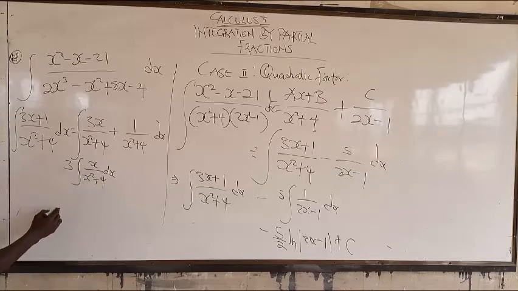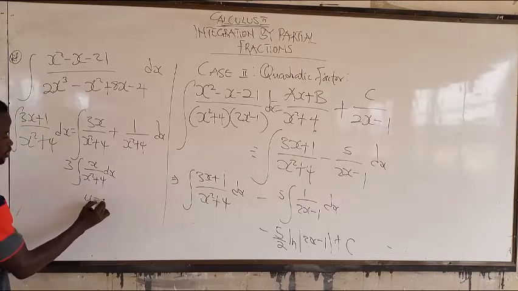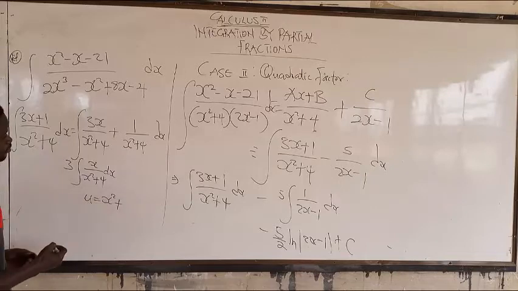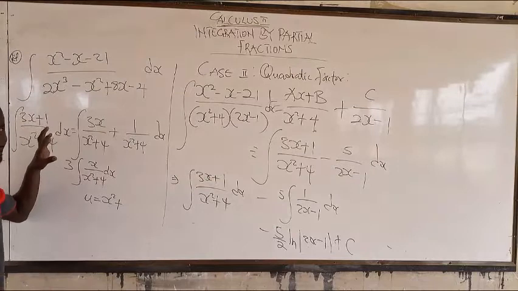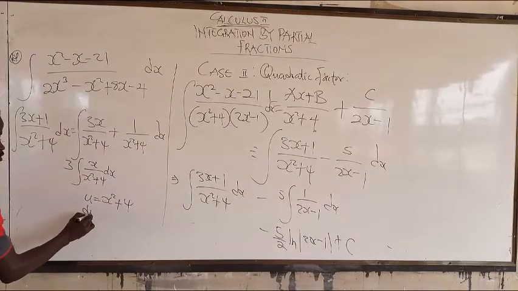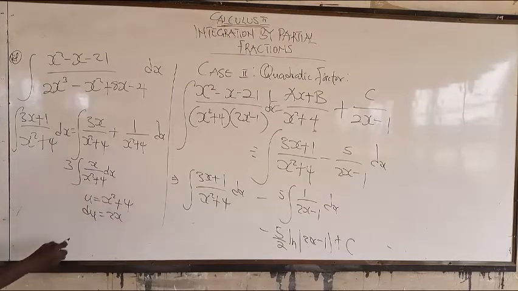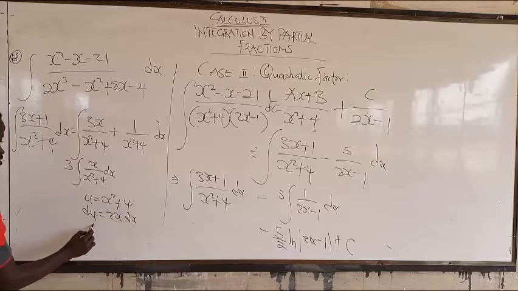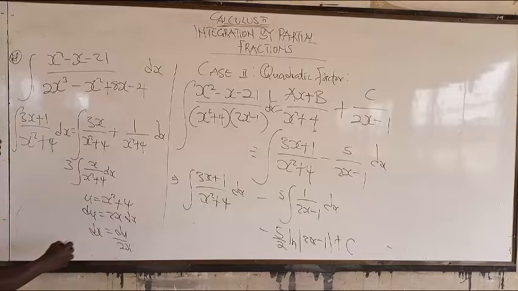Let's do it. u is equal to x squared plus 4, please don't forget this part is what we are treating now here. So du will be equal to 2x dx. dx will be equal to du over 2x.